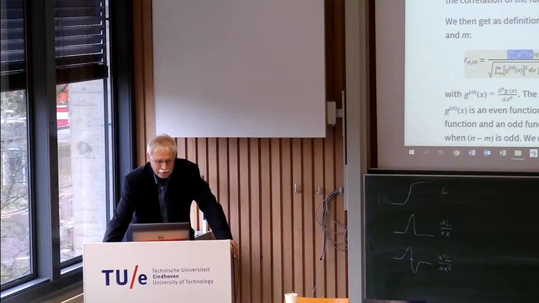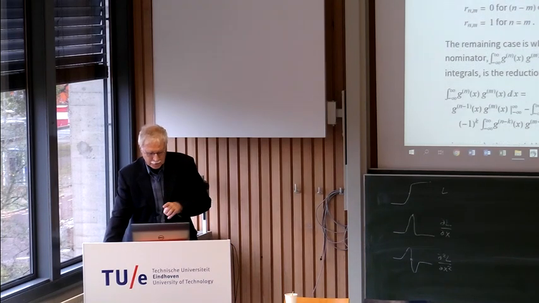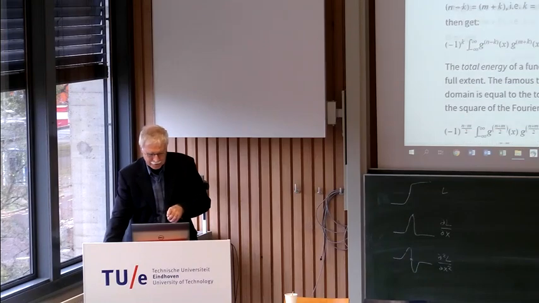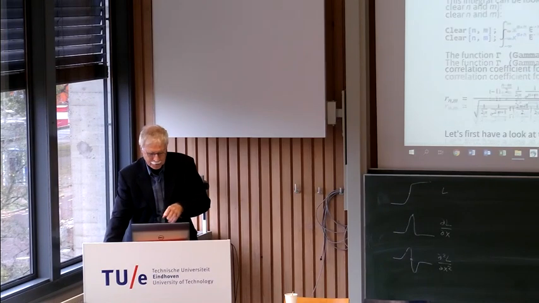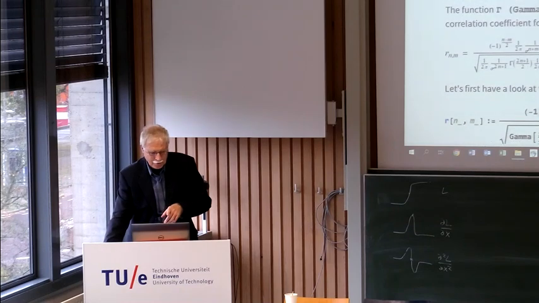You integrate one function with the other, and divide by the integral of the square times the integral of the square. It is a lot of calculations, which I'll leave you for reading this afternoon. There's a lot of work I will not go through, but you can calculate the whole thing, and then you ask Mathematica to actually do it.